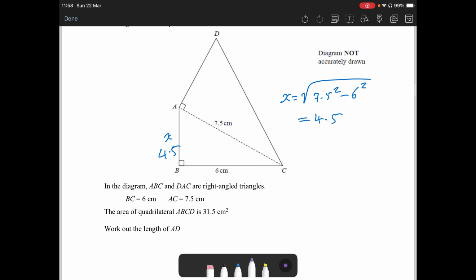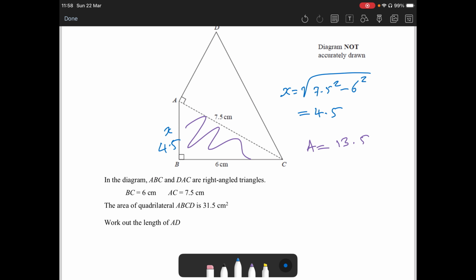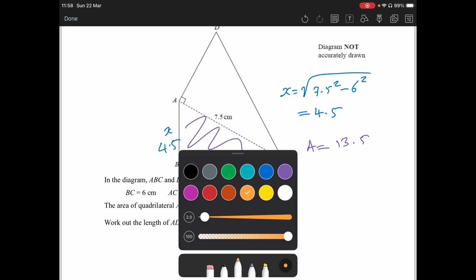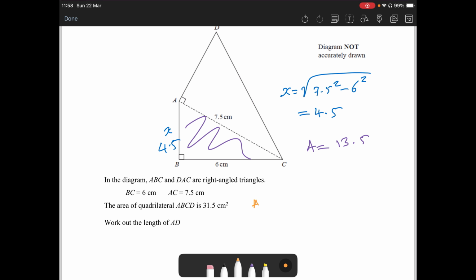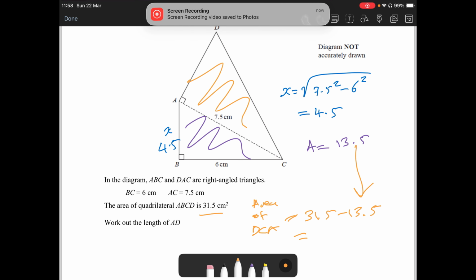Meaning the total area of the triangle ABC, my bad, DCA, that's this one here, will be the total, take away 13.5, the area of the purple triangle. So let's take these away. 31.5, take away 13.5. 18 is the area.